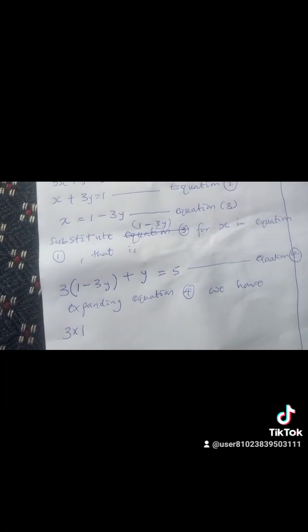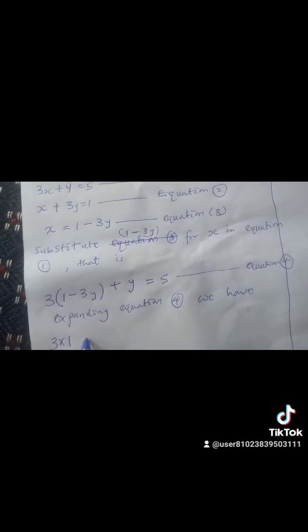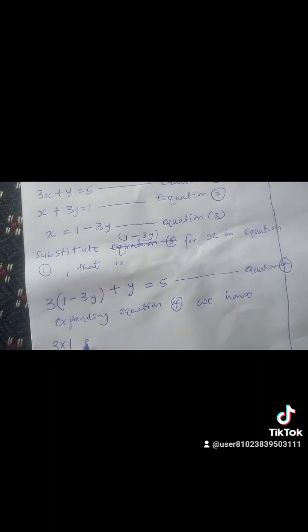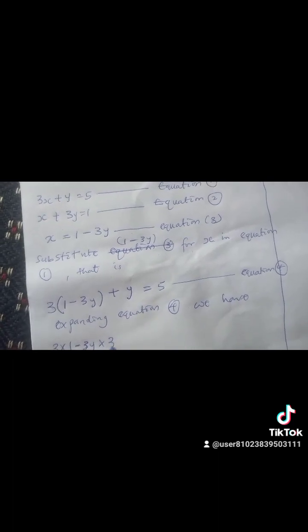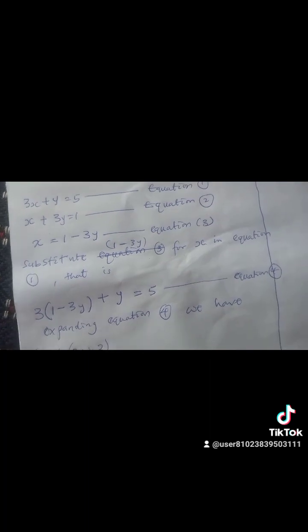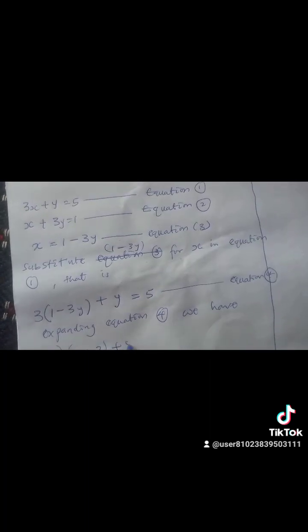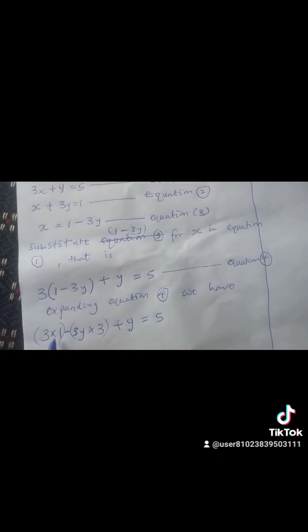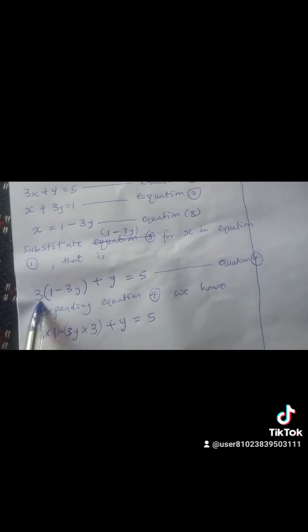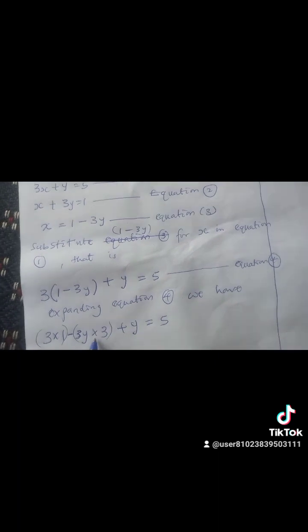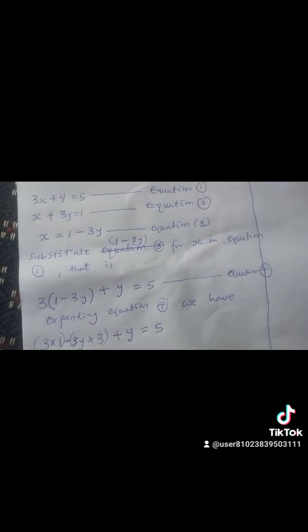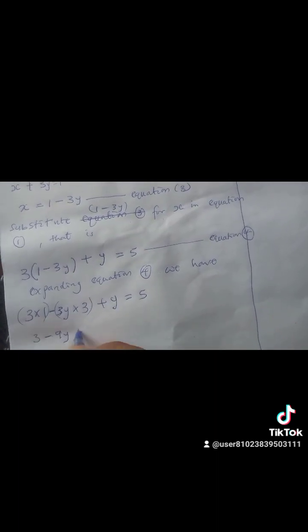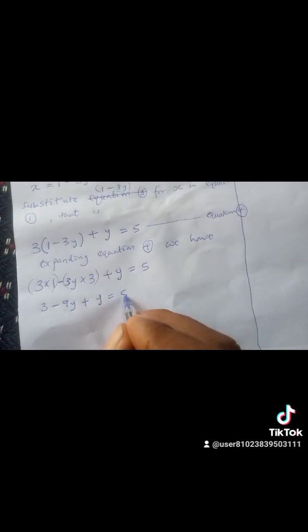Let's take it step by step. 3 times 1 is 3. 3 times minus 3y will give us minus 9y. Then plus y equals 5.